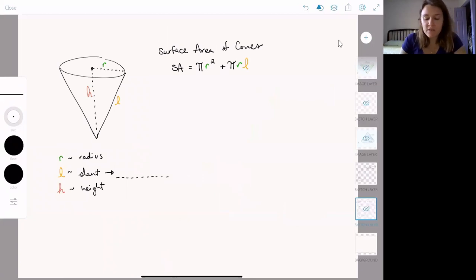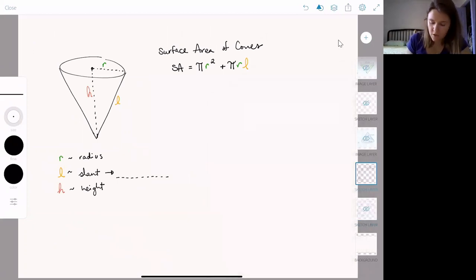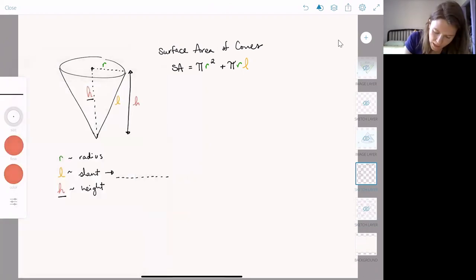So here, once again, is our equation. Identifying h, so h is our height of the cone. Sometimes that'll also be represented like this. That also will be h for height. We also have r, as we've had in the past, right here, okay?